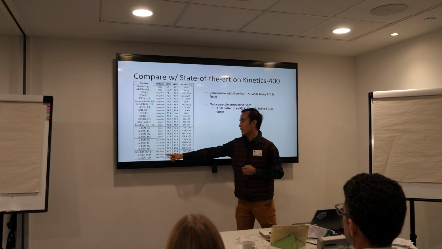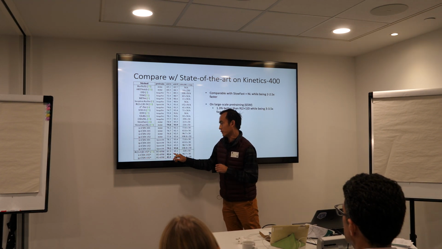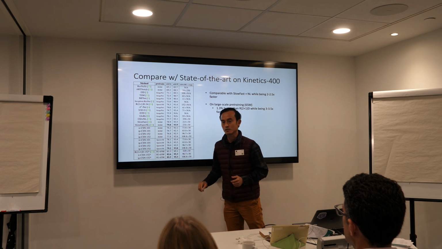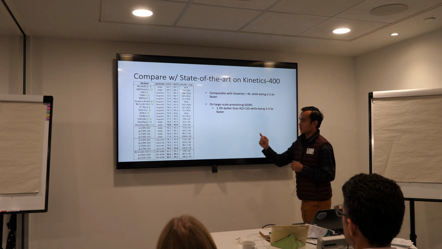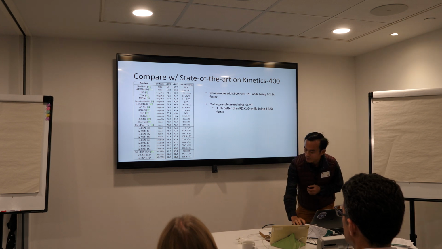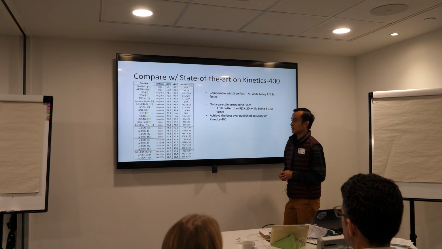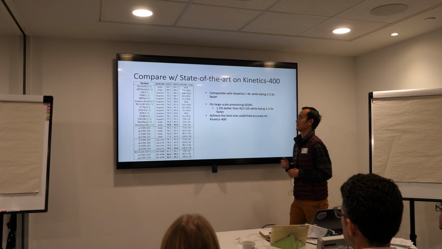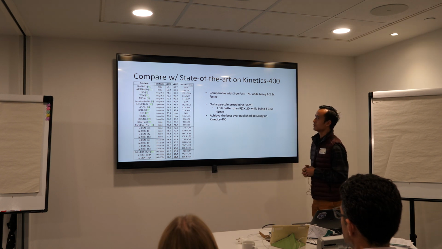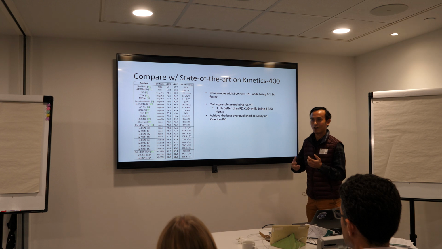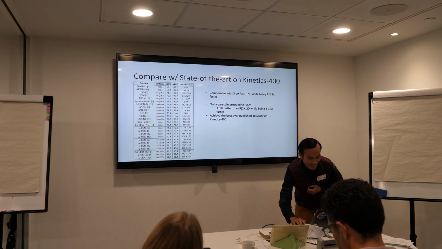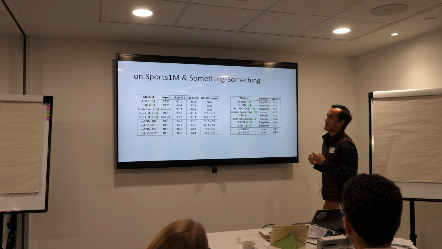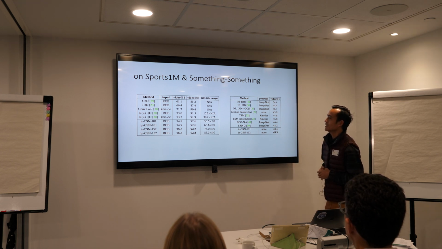We also compare to our previous work on large-scale pretraining on 65 million videos, and we found we also outperform R(2+1)D, while being a few times faster. And these numbers are actually the best ever published results to date, if I'm not out of date, on Kinetics 400.